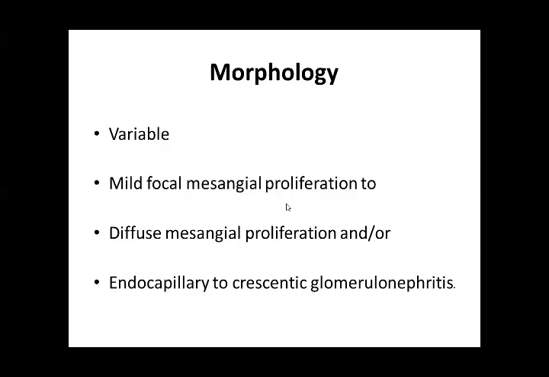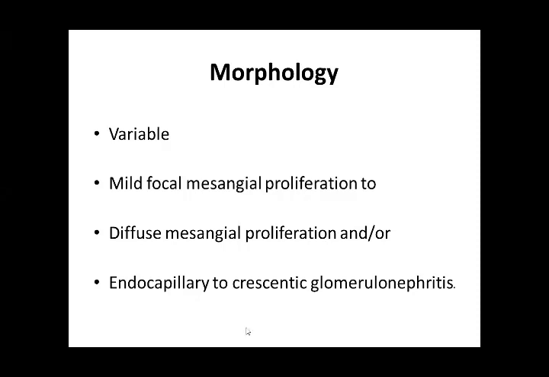Whenever the parietal layer of Bowman's capsule proliferates, it forms a crescent, a half moon. And why is this crescent significant? It obliterates the urinary space, creating oliguria. Yes, it causes oliguria, eventually hypertension and nephritic syndrome, right?